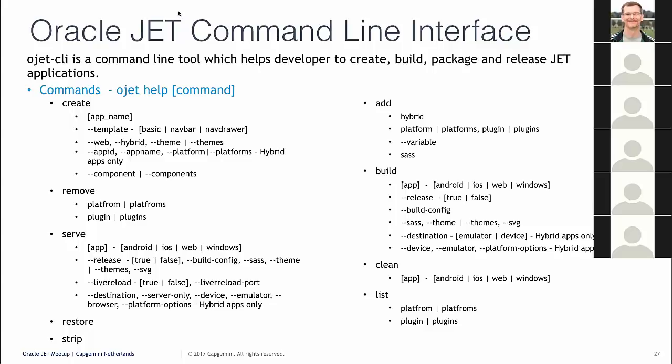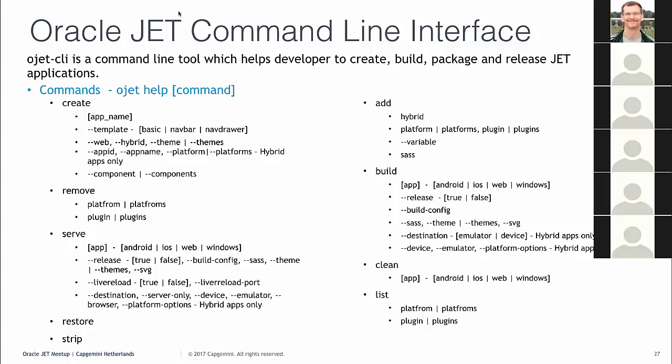The second, which is quite important for me, and I use it almost every day, is the serve. The serve is actually to live reload and test your JET application locally, which also has several options of starting up your Oracle JET app, either for hybrid app platform or the web.